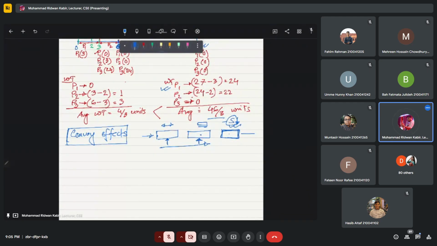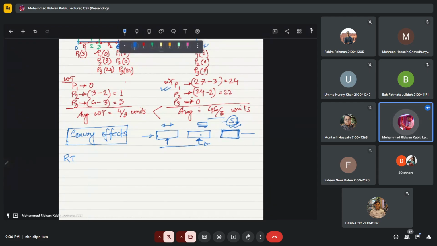No confusions? Good. So from these 2 examples, can you find out the response time for each process? Well, in this case, the waiting time for all the processes is just a single instance.